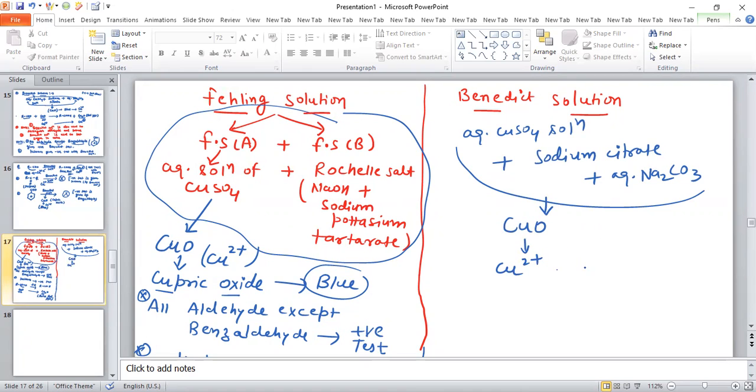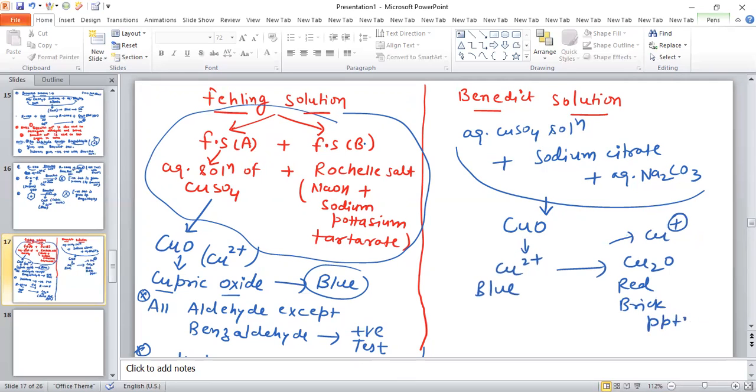This will change into Cu2O, cuprous oxide. Initially the color is blue, but after reaction with aldehydes except benzaldehyde, the color will change into brick red PPT.